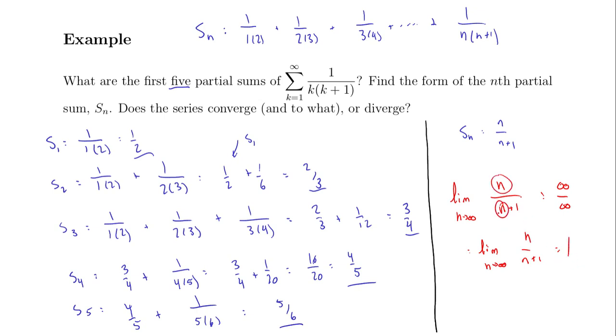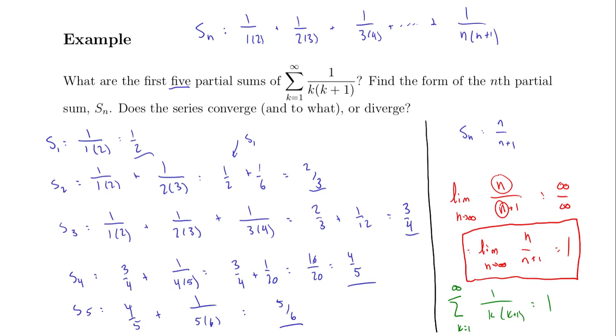That's because the derivative of both of those with regard to n are 1, or you could say these are both polynomials, same degree, so we could look at the leading coefficients, whatever. But either way, we got to get up to snuff on our limit stuff. What that means is that this sum from k equals 1 up to infinity of 1 over k times k plus 1 converges to 1.